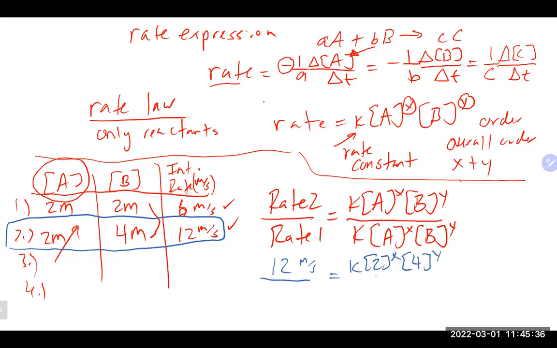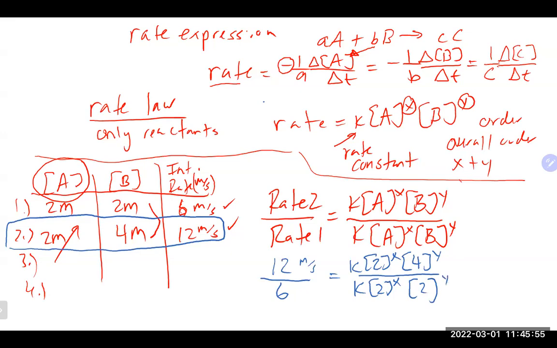That is everything that comes from entry number 2. I would do the exact same thing for entry number 1: the rate is 6 equals k, the concentration of A is 2, and the concentration of B is also 2 in this case.